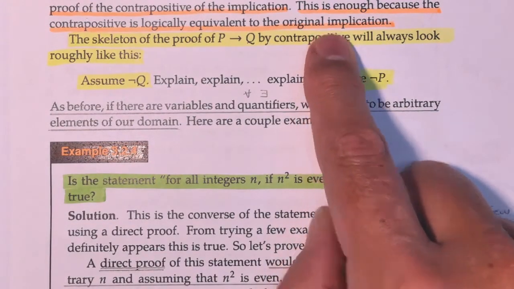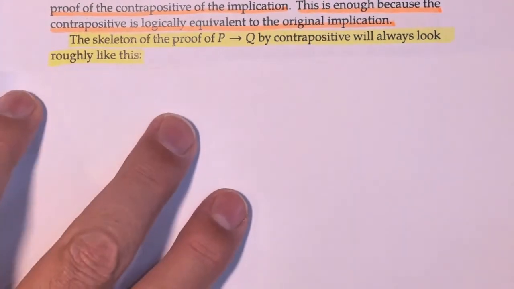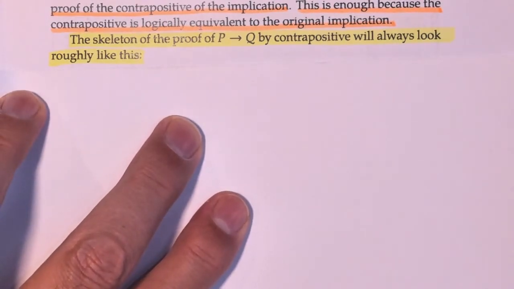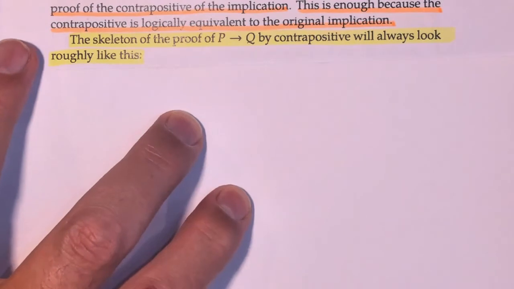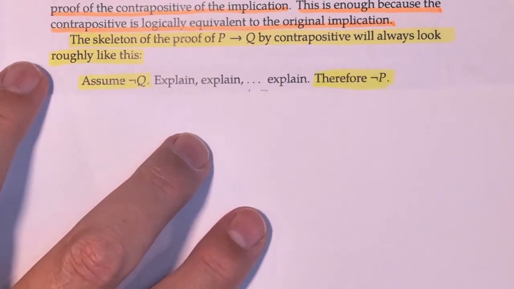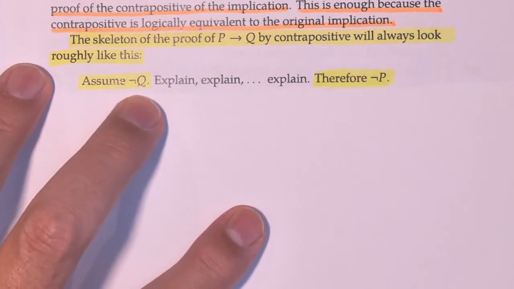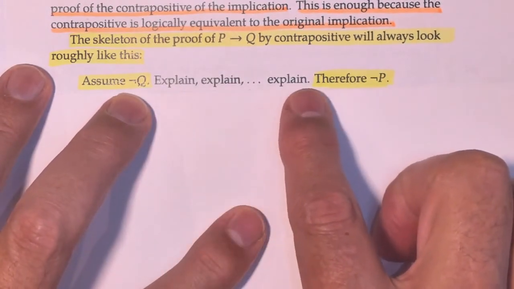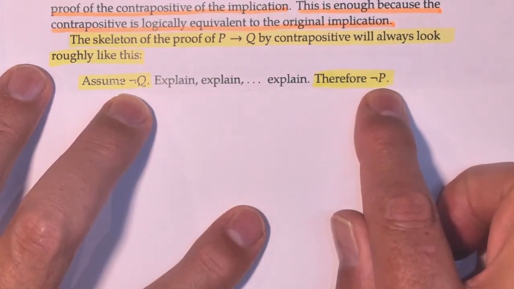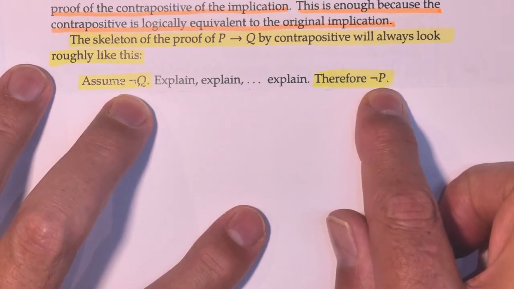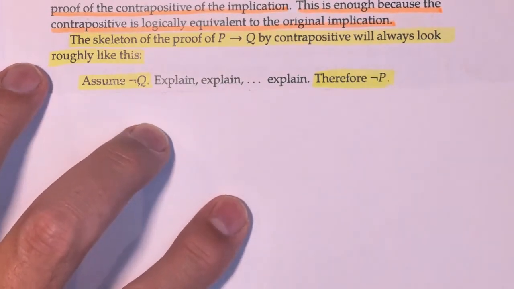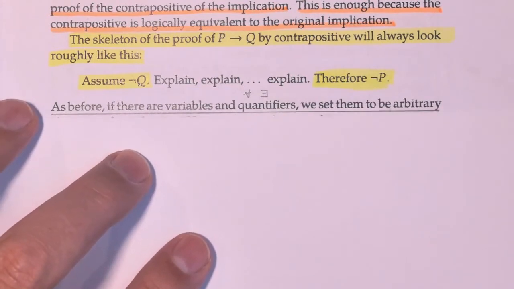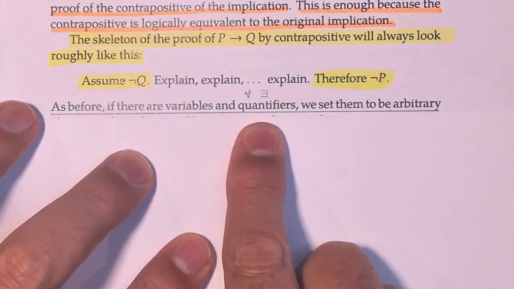So what does it mean? The skeleton of the proof, if P then Q, by contrapositive will always look roughly like this. You assume the negation of Q, you explain, and therefore the negation of P is where you're heading for. As before, there are variables and quantifiers.